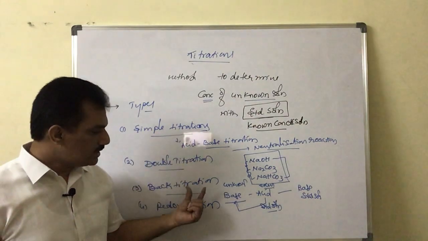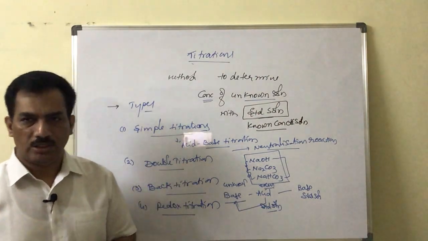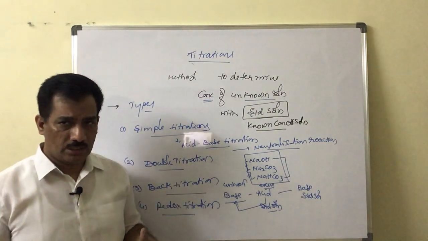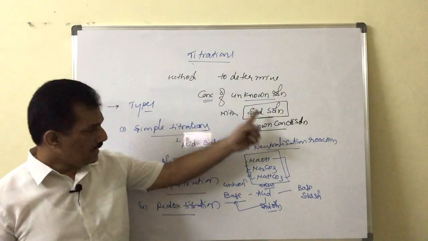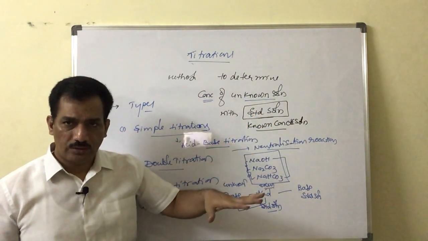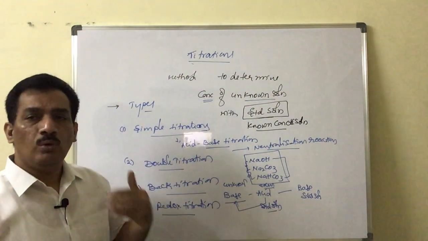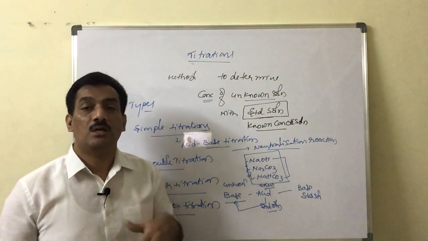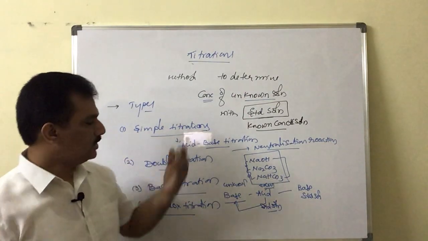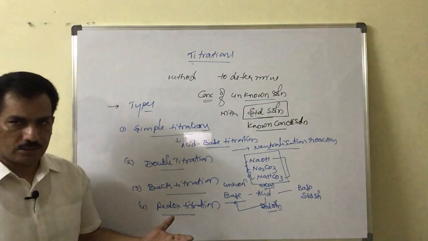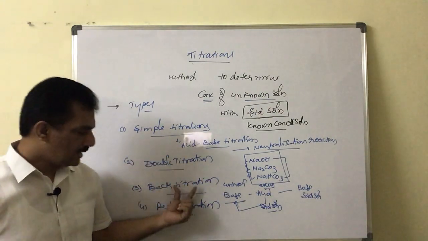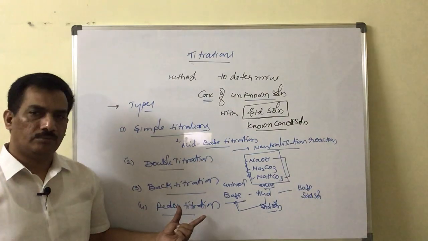So these are the 4 basic types of titrations. In all these titrations, the ultimate purpose is to use a standard solution, a known concentrated solution, to find out the concentration of the unknown or given solution. Clear? These are the different titrations: simple and double titration, back titration, redox titration.